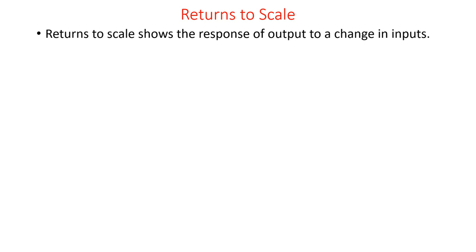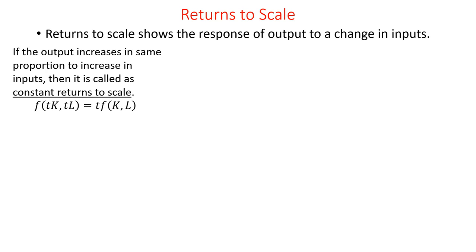Now let's suppose that the output increases in the same proportion to an increase in input. That is, if we increase the inputs by 10%, increase labor by 10%, increase capital by 10%, the resulting output is also increased by 10%.